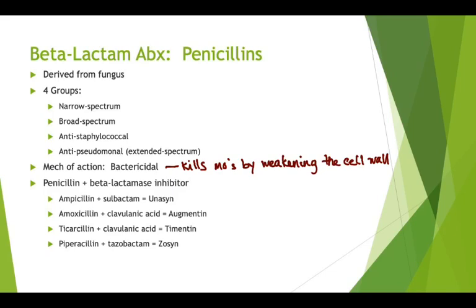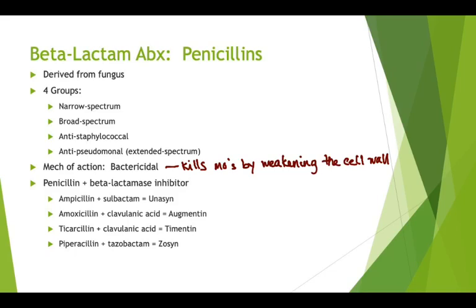The uses for penicillins: your gram-positive cocci, they're going to help to kill strep pneumonia, like regular pneumonia, meningitis. Your viridans, they're gonna help to treat the endocarditis and things like strep throat.